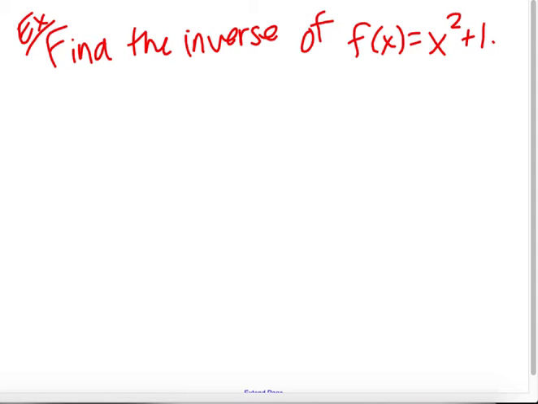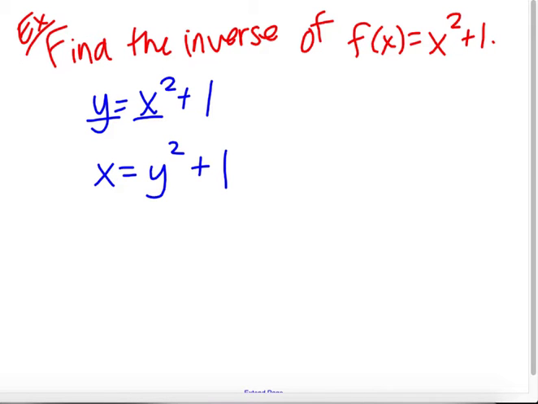So this one, this is a function, parabola. So our first step is to replace f of x with y. So I'm going to rewrite it as y equals x squared plus 1. Then I want to switch x and y. So this is going to say x is equal to y squared plus 1. And you only switch the actual x and y variable, not the coefficients or the exponents. And then we're going to solve for a new y.